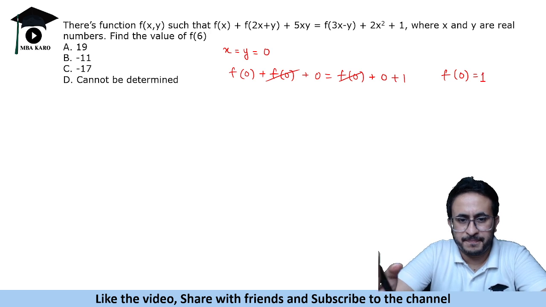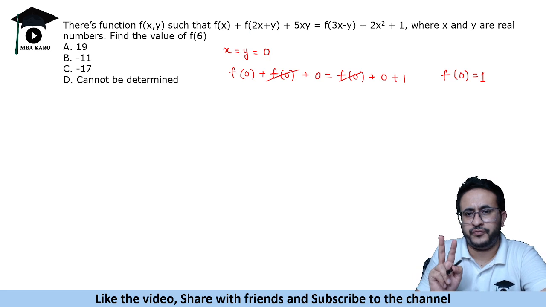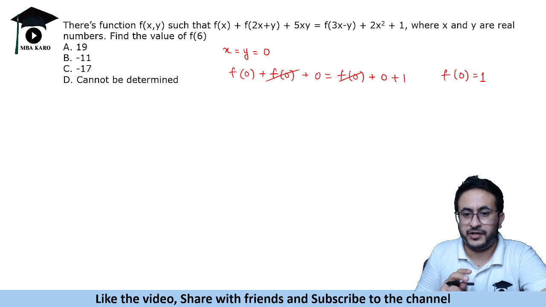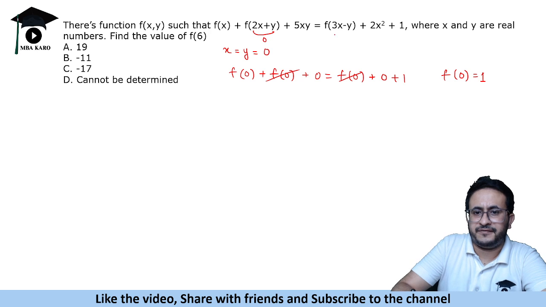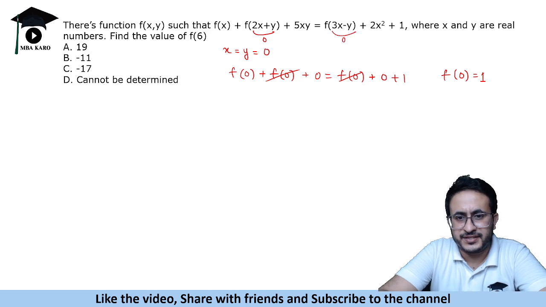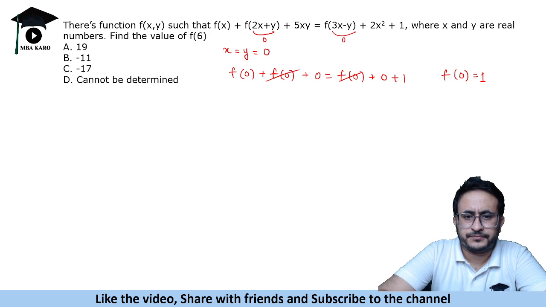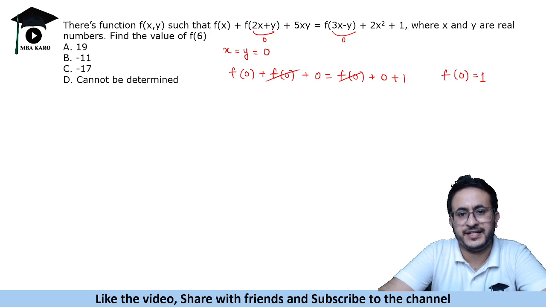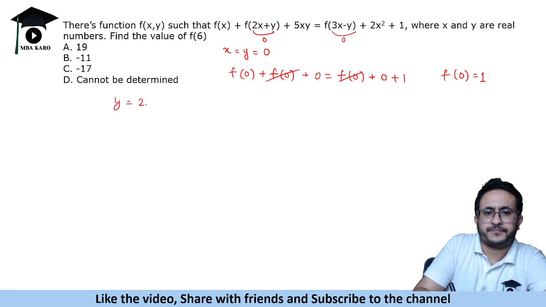Now since we have two variables x and y, in one case we will make this part 0, and in another case we make the other part 0. Let's put the first case as y is equal to minus 2x.